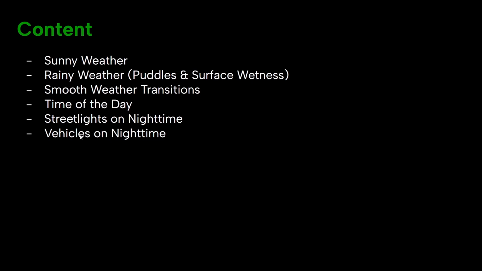And also the vehicles in our game or the procedural road system will react accordingly to the time of the day, which means the headlights will be turned on at night time, and at daytime they will be turned off. So let's see all of these features now.